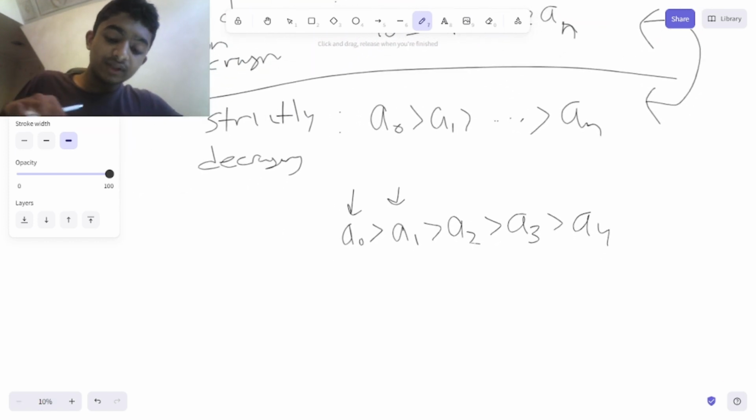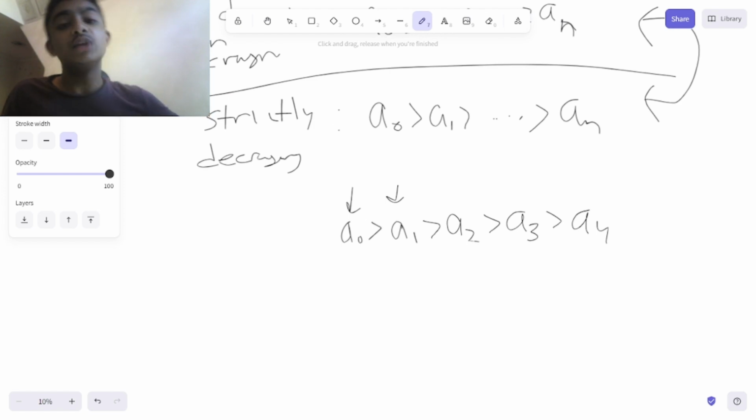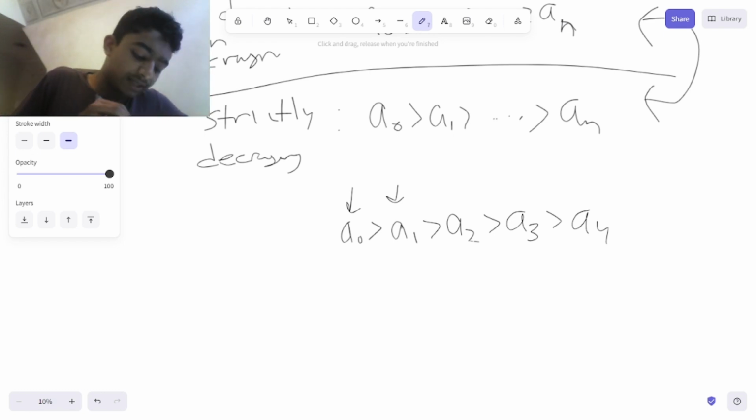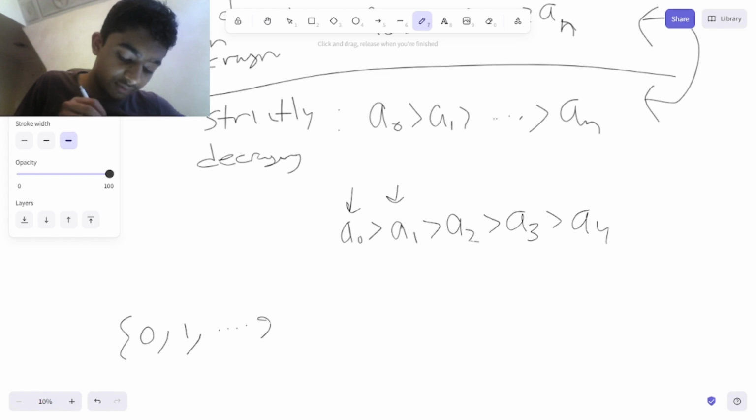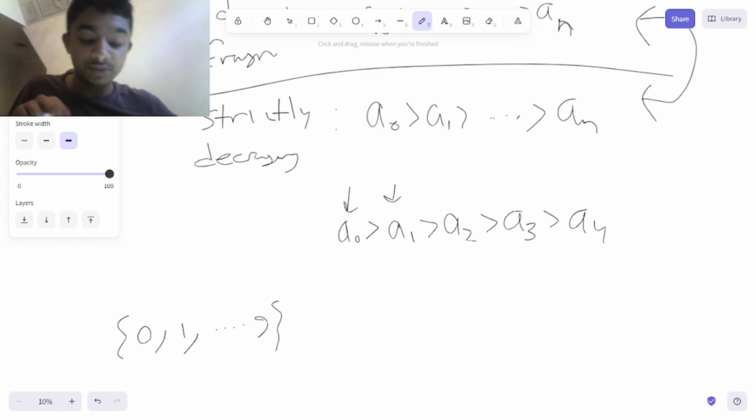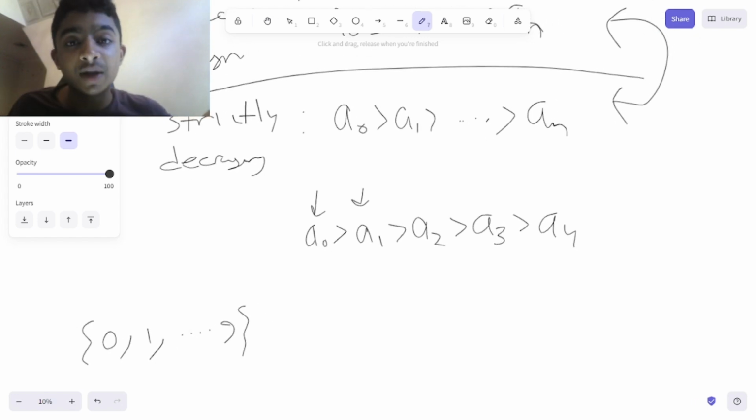So in this strictly decreasing case, we could just find any 5 distinct integers, and there always exists exactly one strictly decreasing sequence. We are dealing with the set from 0 through 9 inclusive, because those are the only possible digits we can have.